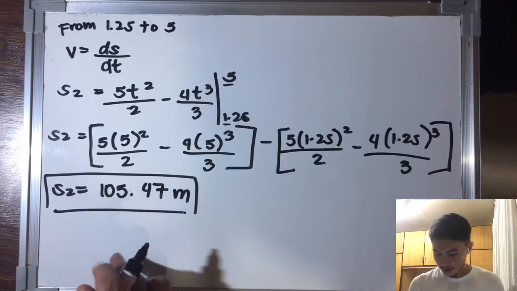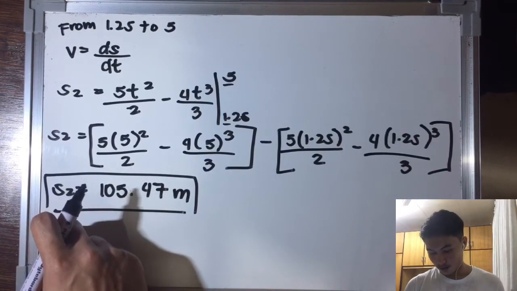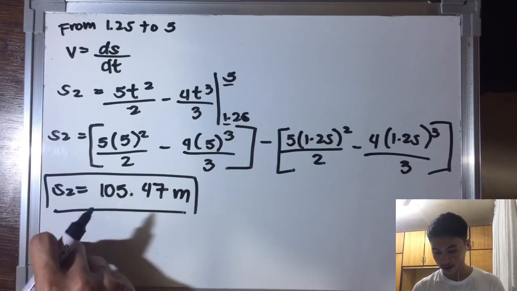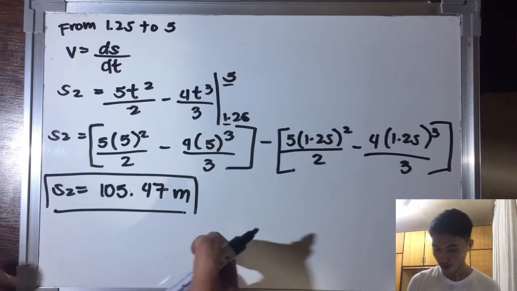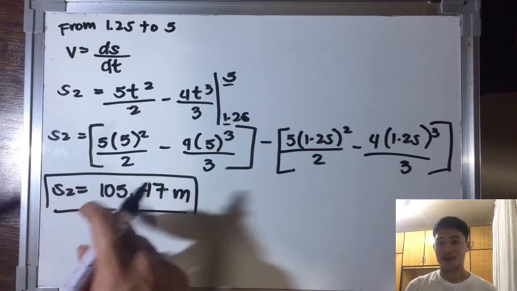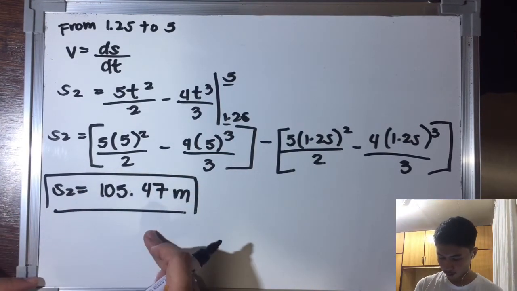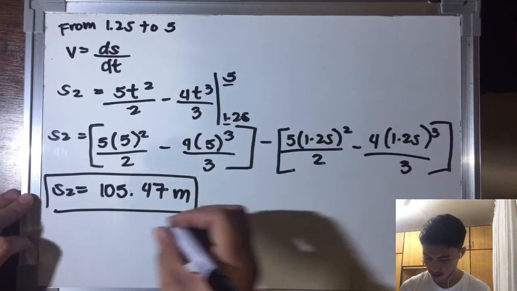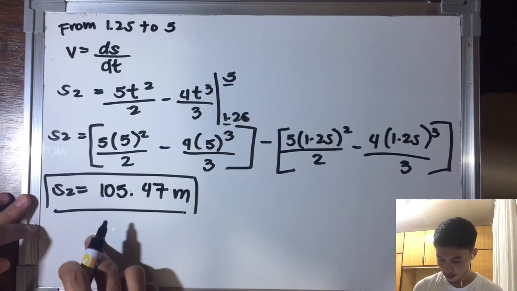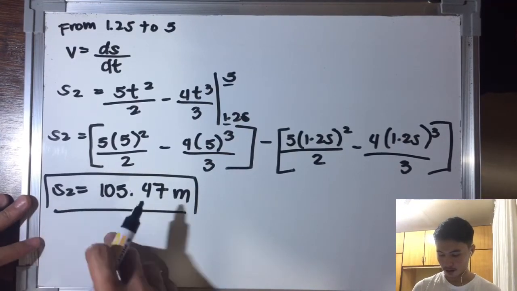So since we already have the value of our positions within the given time intervals, from 0 to 1.25 and then 1.25 to 5, we are going to solve now for the total distance, which is the summation of our S1 and our S2.